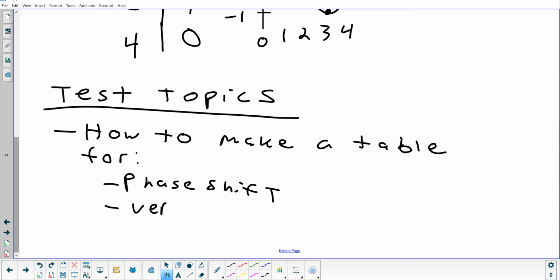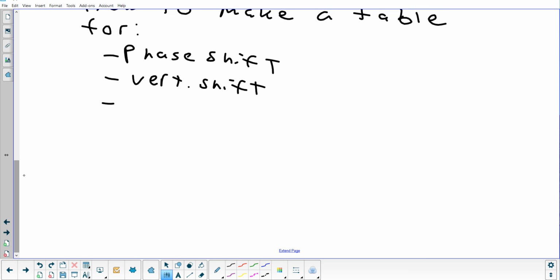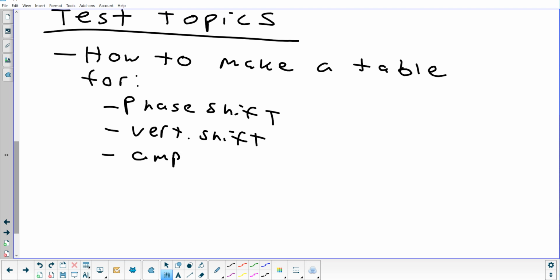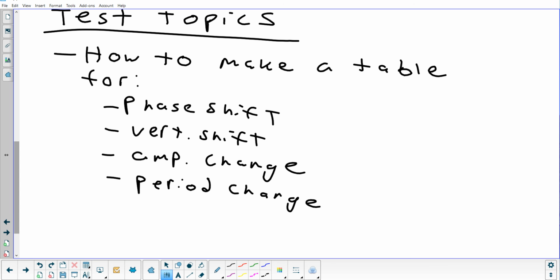A vertical shift, that was Tuesday. An amplitude change, that was also Tuesday. And a period change. What's the third one? Amplitude change, or vertical stretch. So you have to know how to make the table.